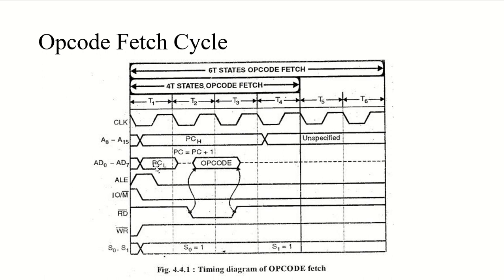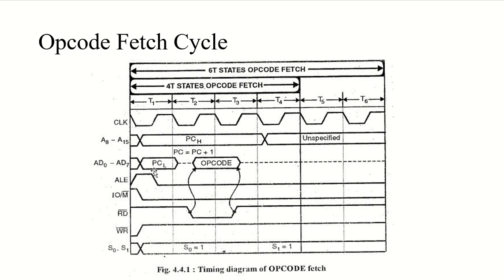So the lower order address is limited to the first T state only, which goes from AD0 to AD7, and it carries the address during the first machine cycle only.